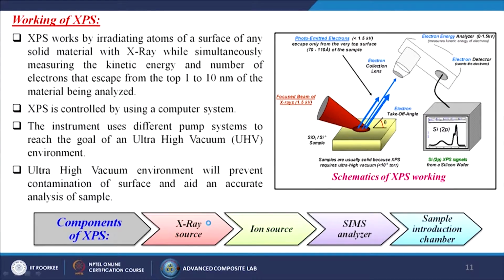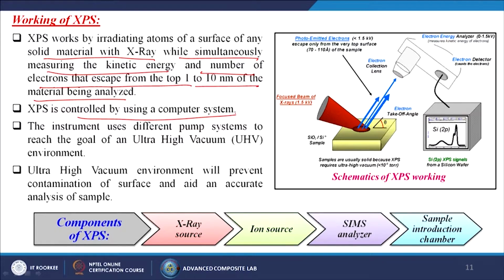Now, the working of XPS. XPS works by irradiating atoms on the surface of any solid material with X-rays while simultaneously measuring the kinetic energy and number of electrons that escape from the top 1 to 10 nanometers of the material being analyzed. XPS is controlled by a computer system.